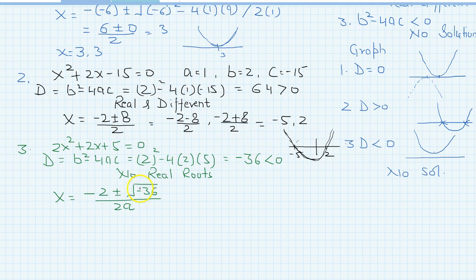If you check root minus 36 in your calculator, you will find the answer math error. It has no solution. And if you draw the graph for this, the graph will not touch x-axis. So there is no root for that.